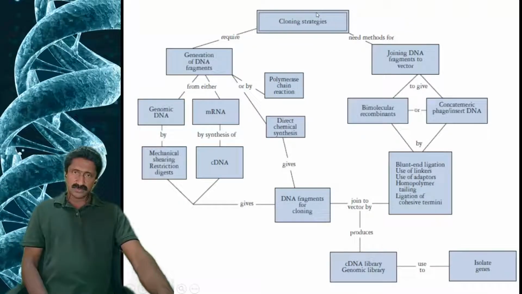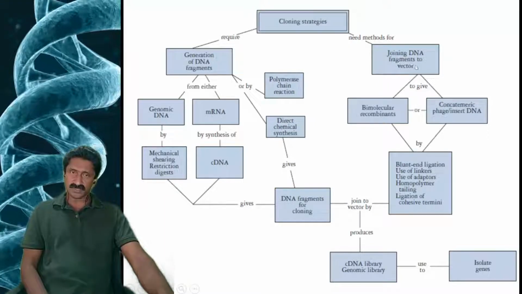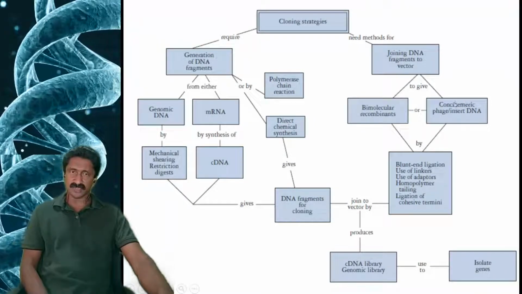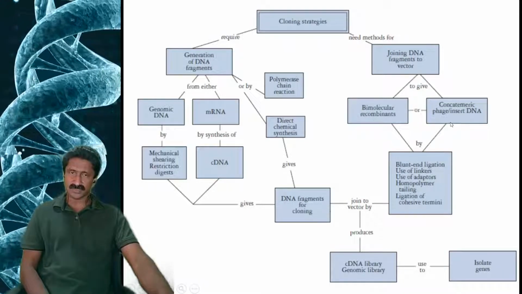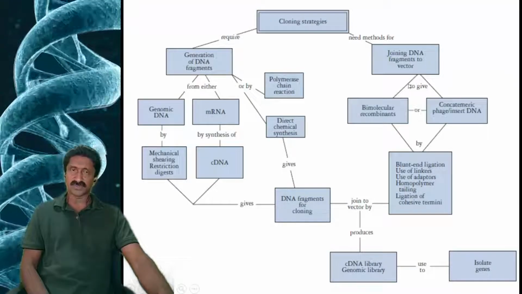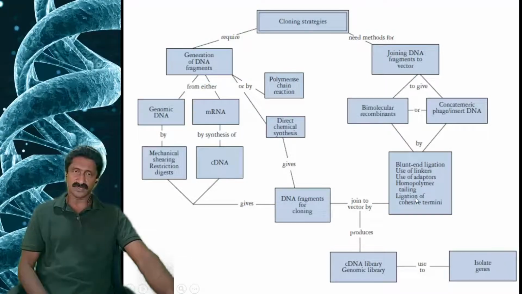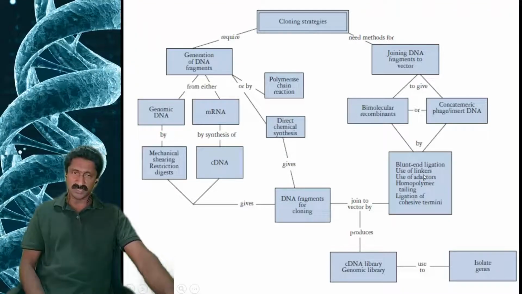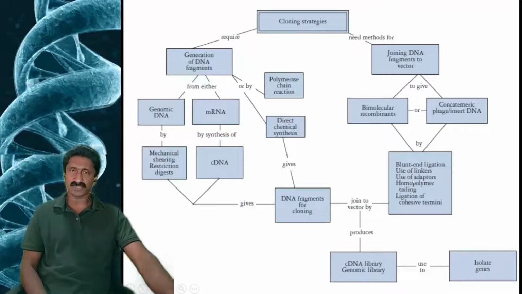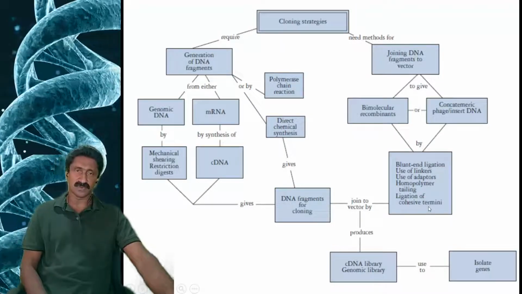Now, it requires methods for joining of the DNA fragments to give a bimolecular recombinant or a concatameric phage or DNA insert. So there you require a specific vector, and there are methods used for cutting and joining of these fragments: blunt-end ligation, or linkers, adapters, homopolymer tailing. So different types of methods are used for this cloning strategy.